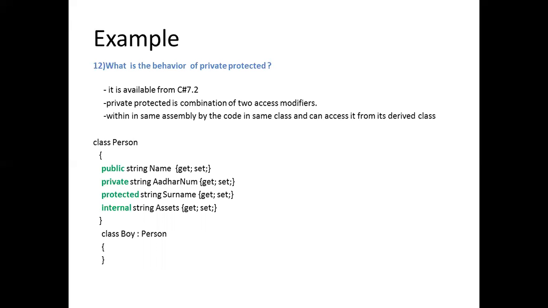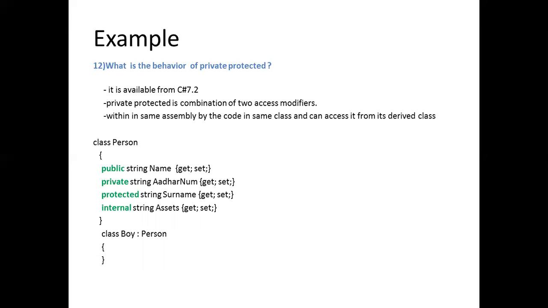First, the public access modifier: if you declare a property as public, you can use this property anywhere within the class as well as in other classes in other namespaces. What is a namespace? We will discuss later. Private: if you declare a property as private, you can strictly use this property in that particular class only, as well as a particular structure.